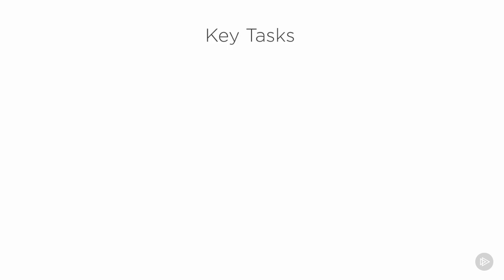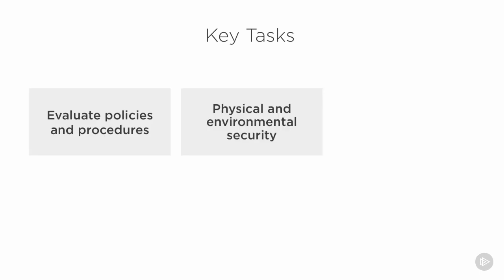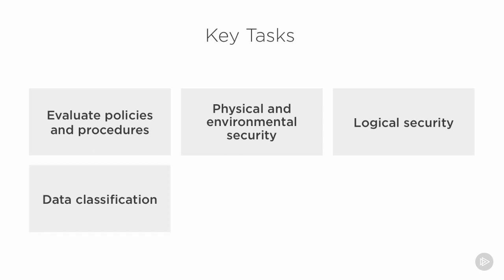The key tasks to be performed in an IT audit would include evaluating the policies and procedures that are in place, and checking and reviewing the physical and environmental security issues. We'll take a look at technical or logical security and how that plays an important role in our information security protection.